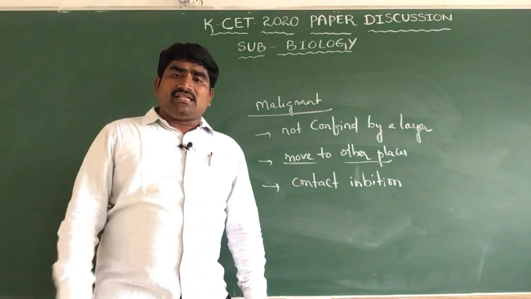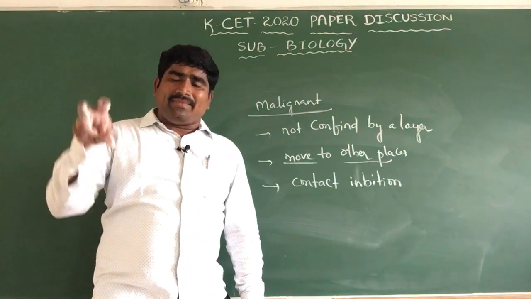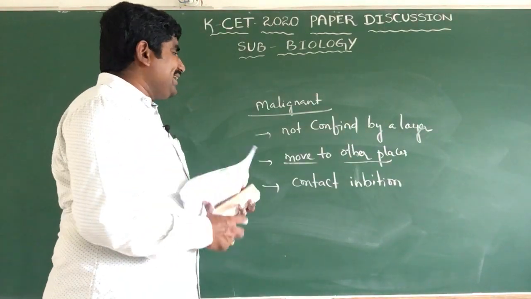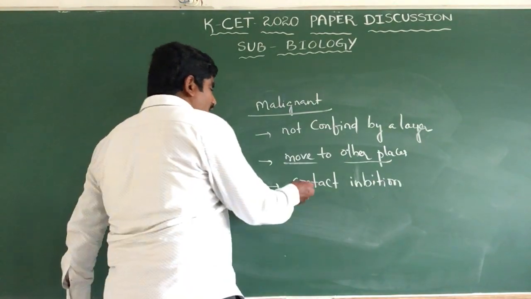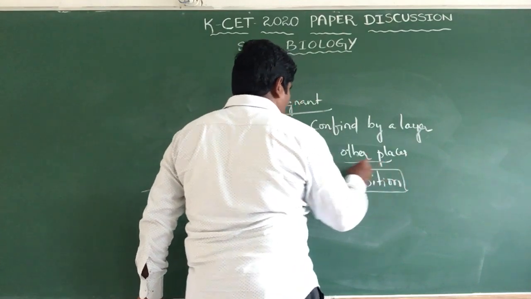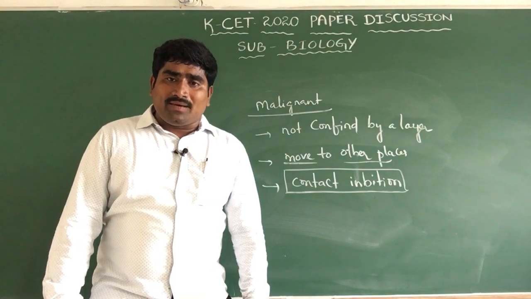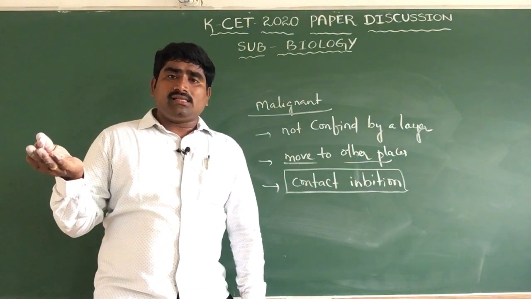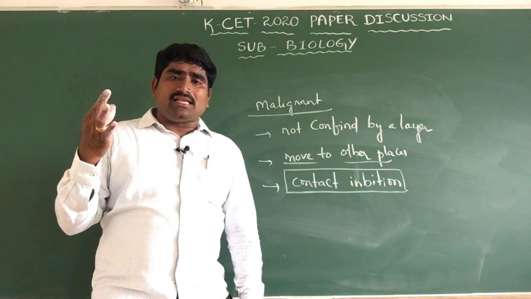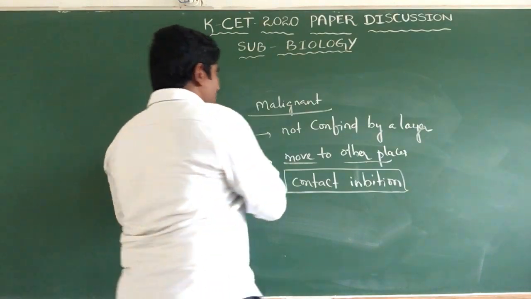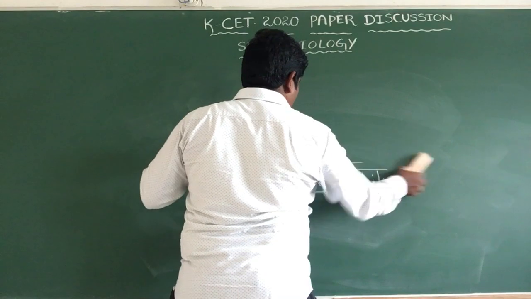Where they move, they contact the neighboring cells, and these cells will also turn into malignant tumors. This is what we can say is contact inhibition.